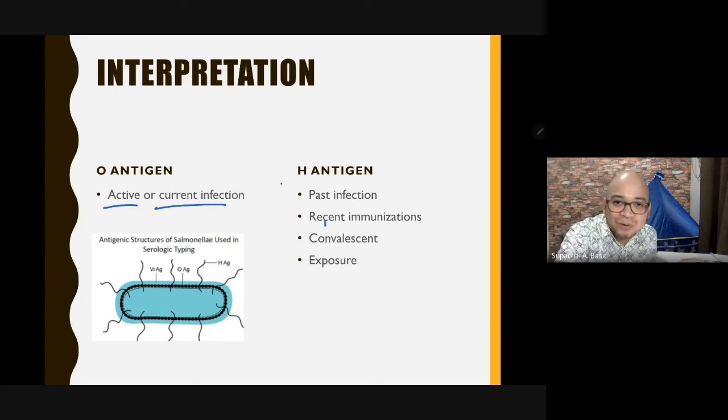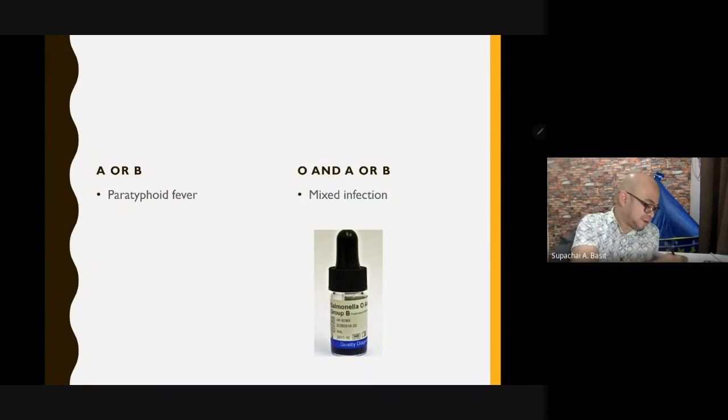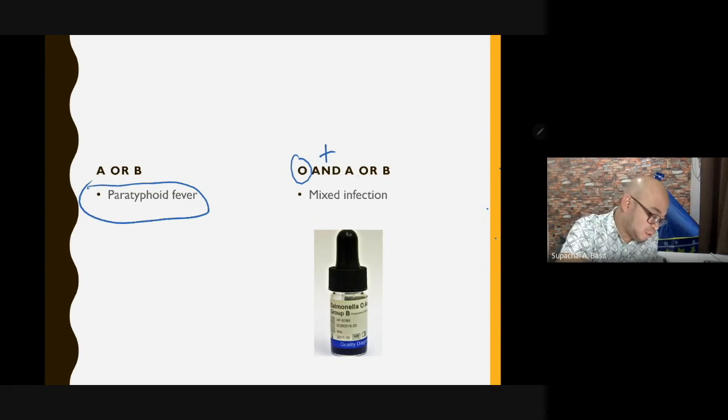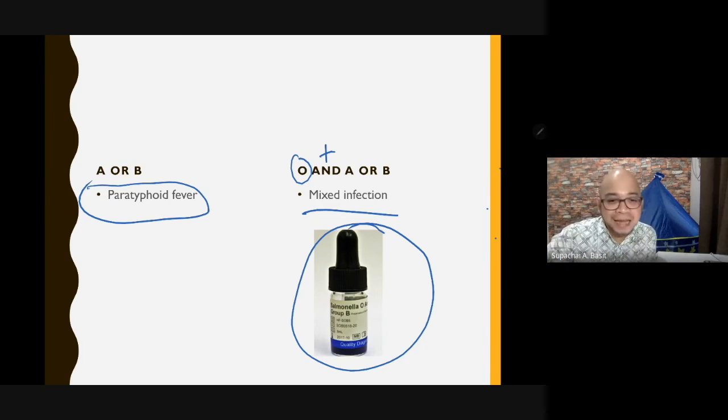If H is significant, it means that there is a past infection, recent immunization, convalescence, or exposure. And if A or B is significant, this represents paratyphoid fever. If O plus A or B, it represents mixed infection. By the way, this is how the antisera look for the Widal test.